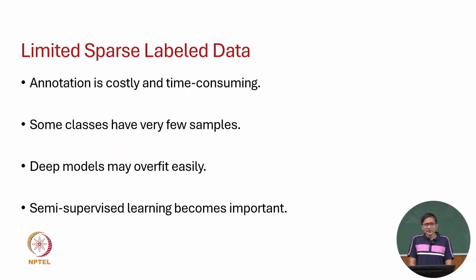Now, we talked about self-supervised learning, and in the same context, another learning paradigm that comes into the picture is semi-supervised learning. Indeed, annotation is costly and time-consuming for hyperspectral image analysis, as I have already mentioned. It may end up that some classes have very few labeled samples.